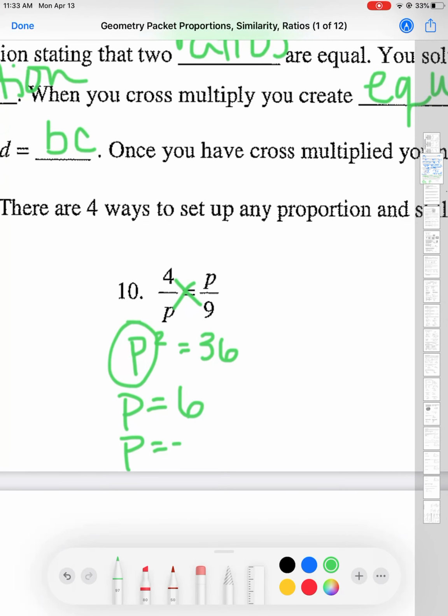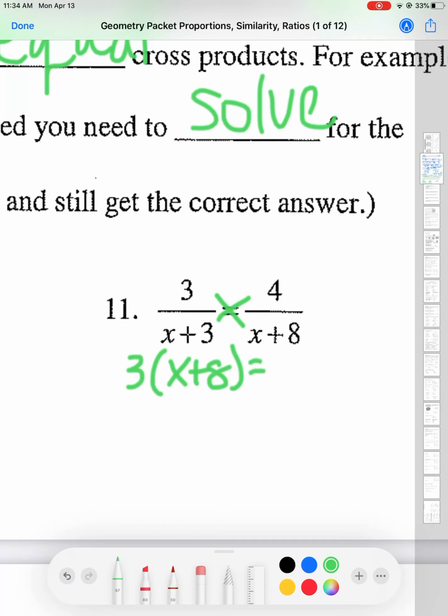And then number 11. On these ones, remember, we have to distribute. So 3 times x plus 8 equals 4 times x plus 3. So 3x plus 24 equals 4x plus 12. So I'm going to subtract 12 from both sides.